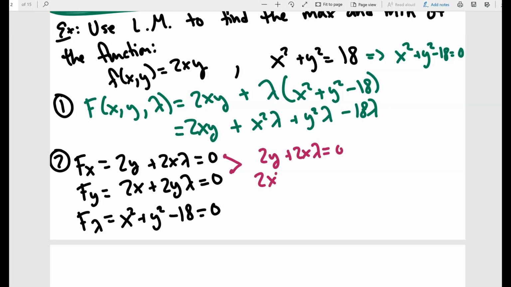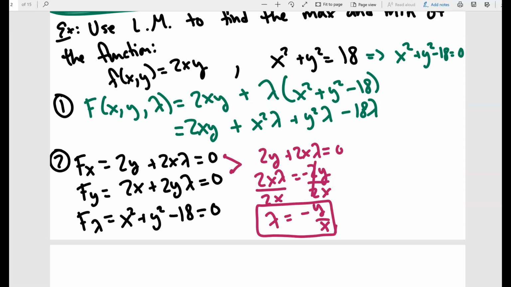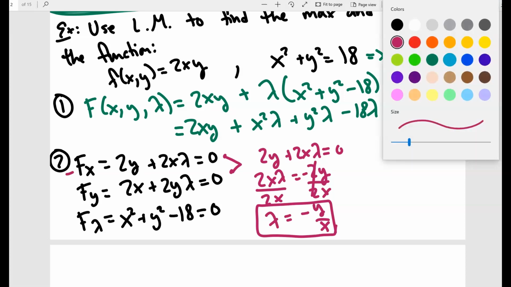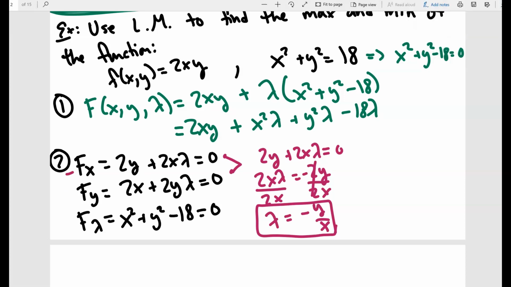So I'm going to have 2x lambda is equal to negative 2y. Now I'm going to divide by 2x to both sides. And I'm going to have lambda is going to be equal to, these twos are going to go away, so I'm left with negative y over x. All right, so that was my first solution. Now I'm going to solve for f sub y, which is going to be in this color.